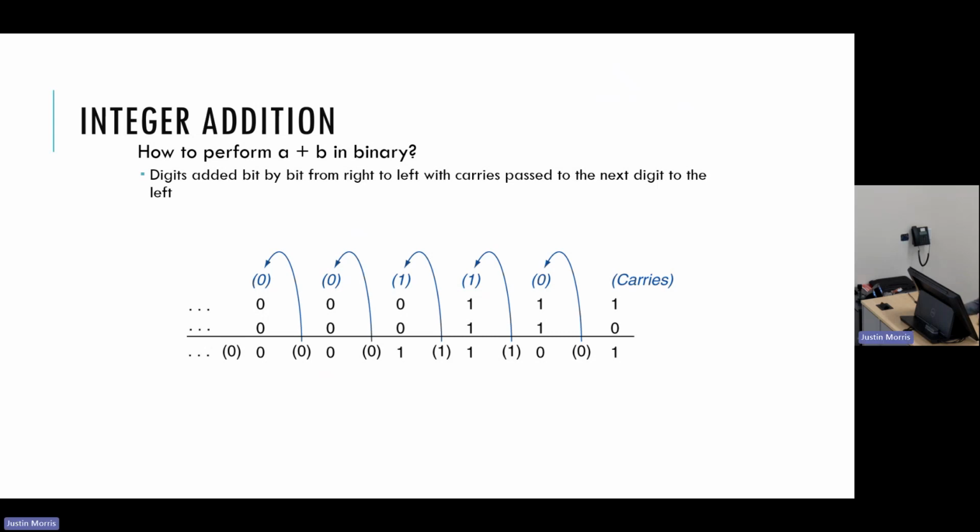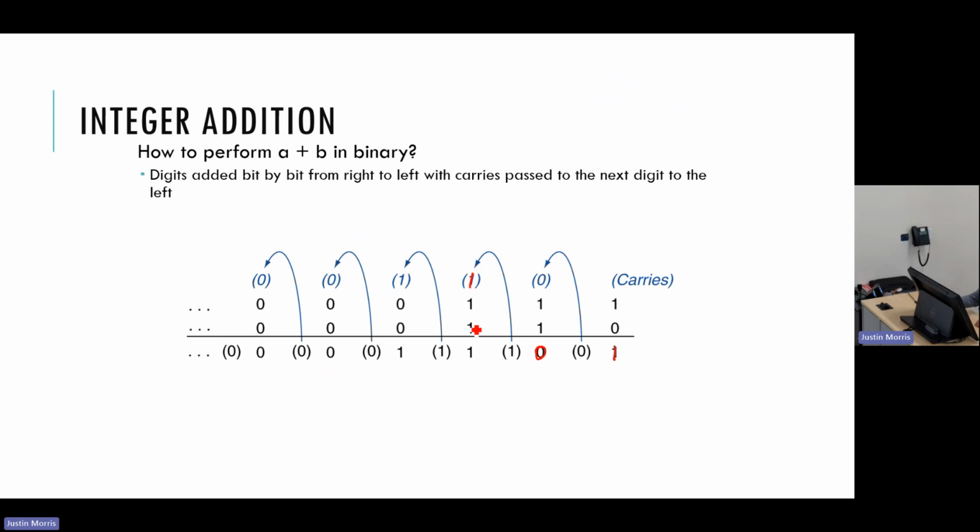So here we have our example. We have 1 plus 0. We get 1, right? And we have a 0 as our carry because we didn't need it. And then here 1 plus 1, we get a 0, and we have a 1 as a carry up here.